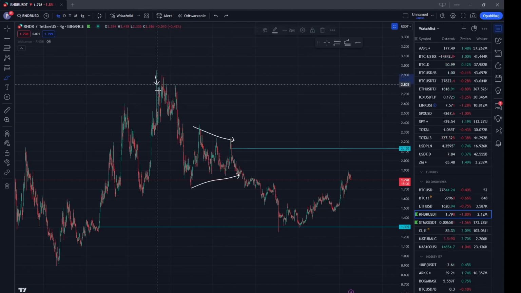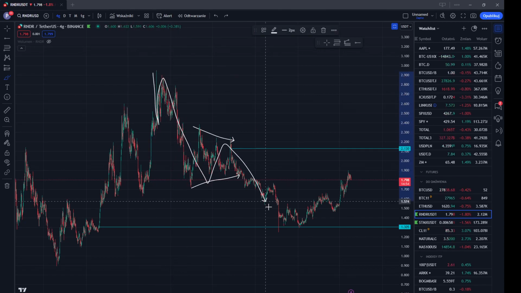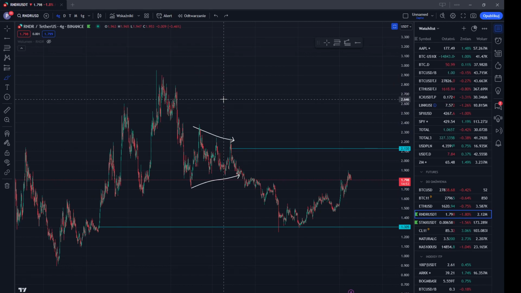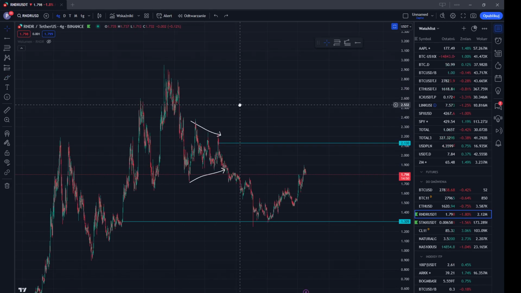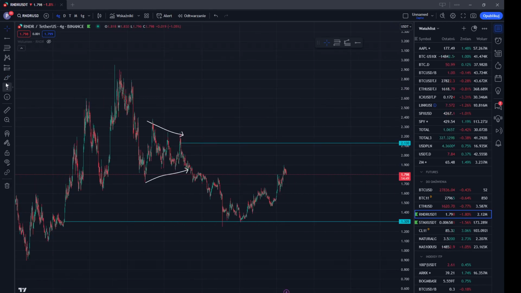So it's still possible that it should be 1, 2, 3, 4, 5. In this case, the wave here should not go to this level. So we should have 1, 2, 3, 4. We should not get a 5 here.